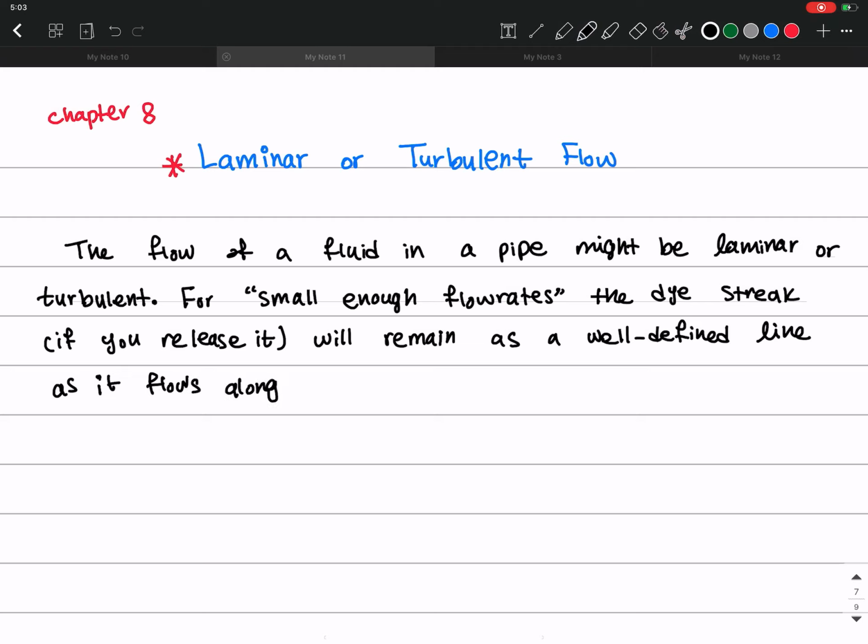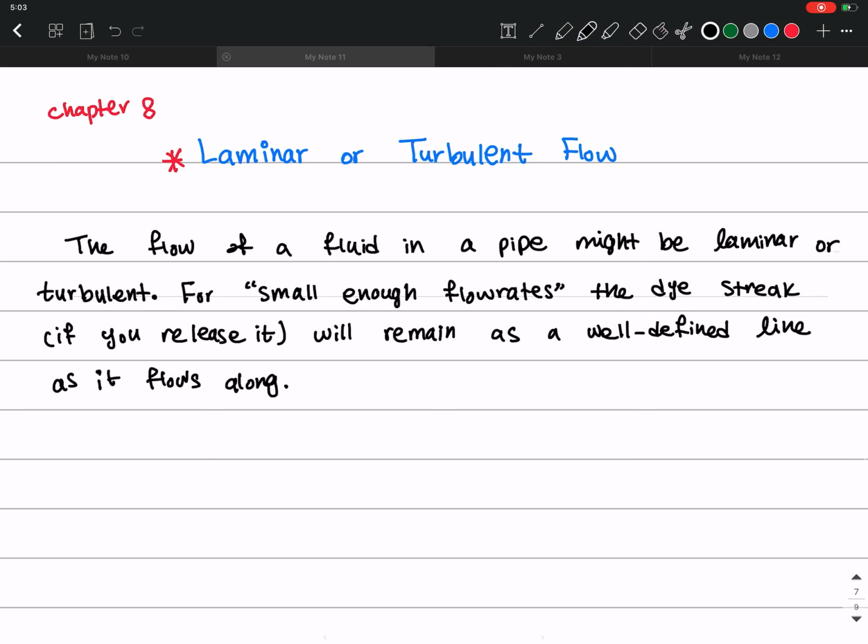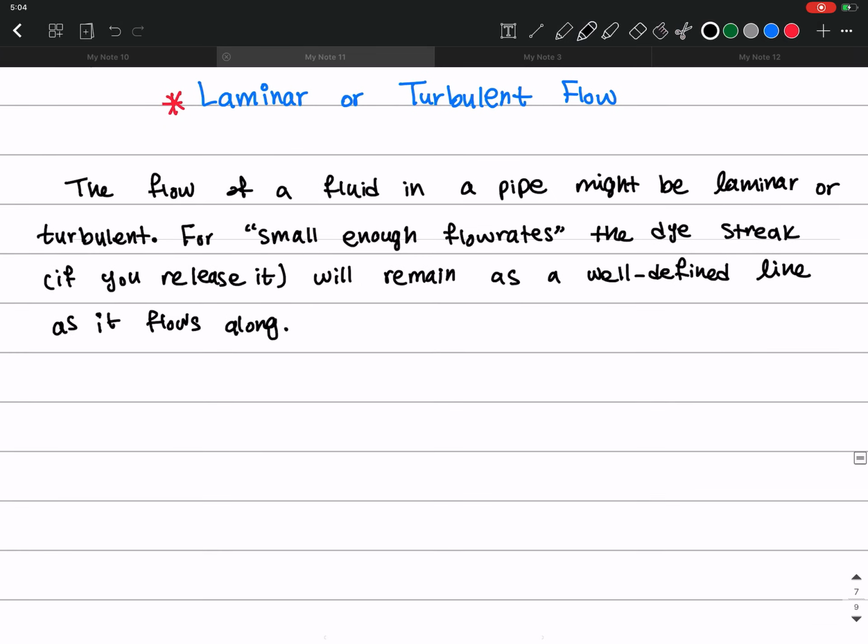Okay, so if you have small enough flow rates and then you release a dye streak in a pipe, it will remain as a well-defined line as it flows along.